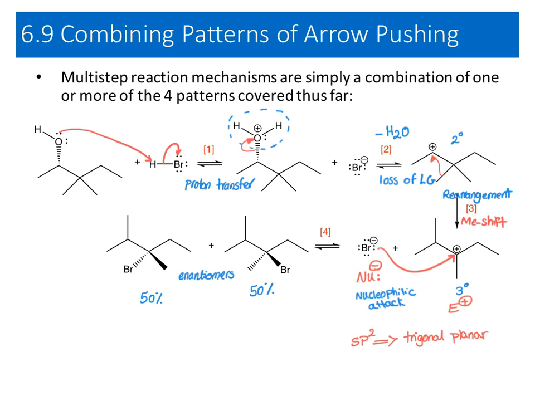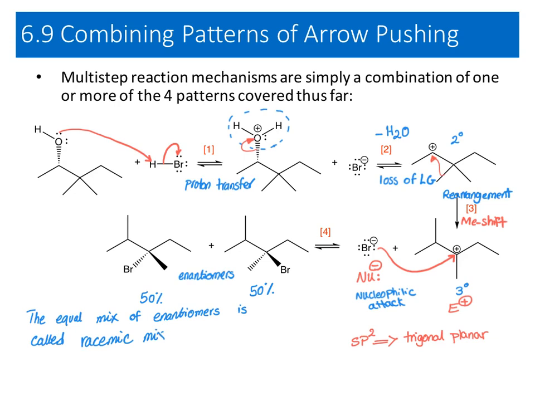mixture of both enantiomers. And an equal mixture of enantiomers is called a racemic mixture.